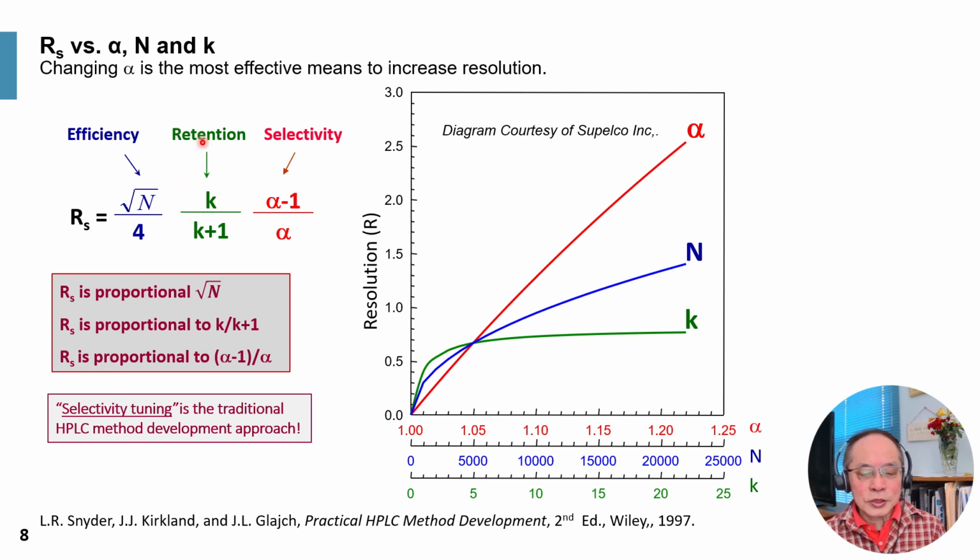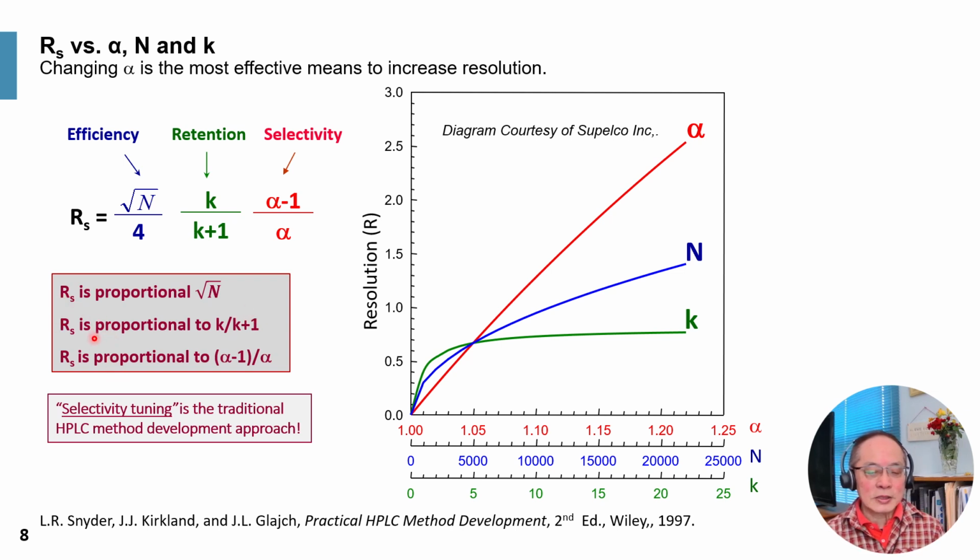Retention is good for isocratic separation. However, if you look at the graph, the factor rapidly approaches almost unity when K is approximately 10. When the retention factor reaches 10, it is basically a point of diminishing return. However, selectivity is definitely one of the best ways to effectively change resolution.